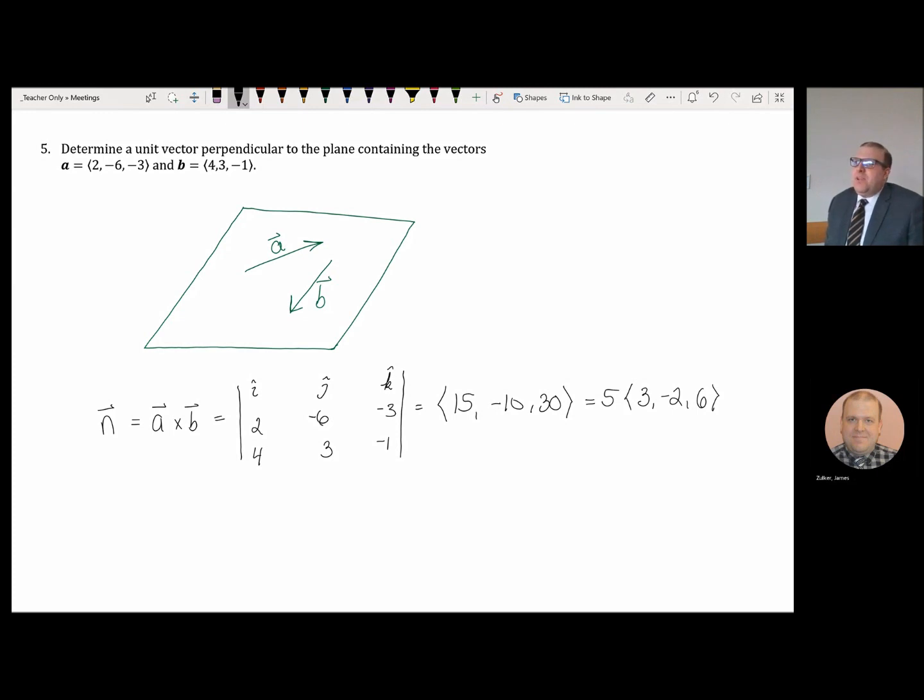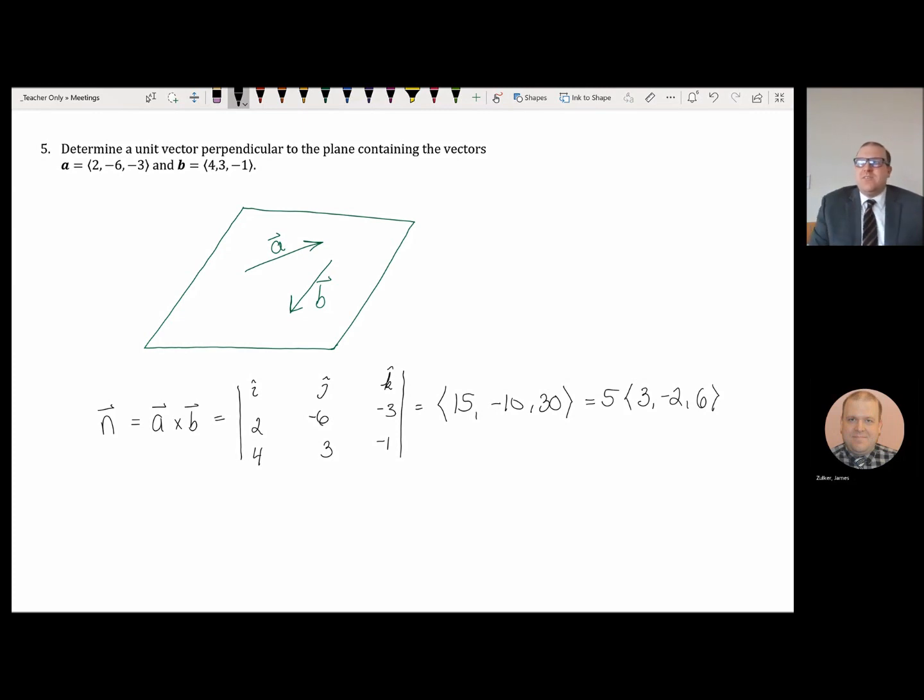What does that 5 accomplish? How does that 5 affect the vector 3, -2, 6? How does multiplying a vector by a scalar, specifically a positive scalar, affect it? Increase the magnitude, right.